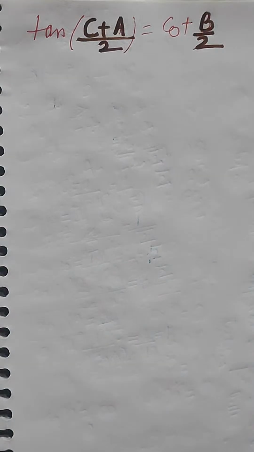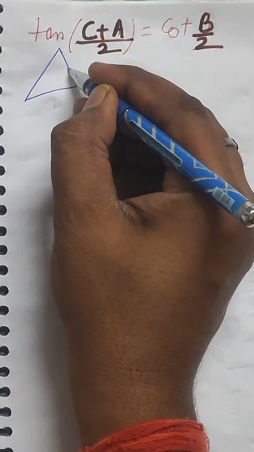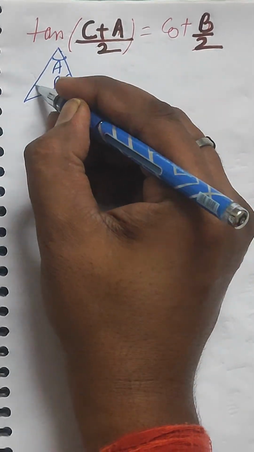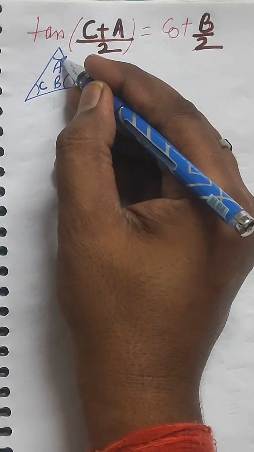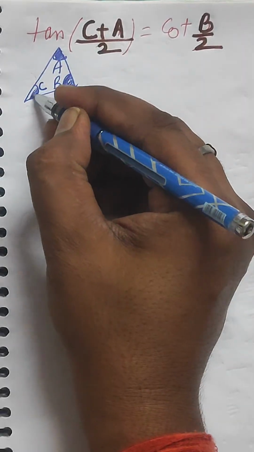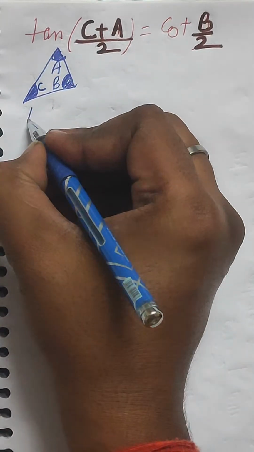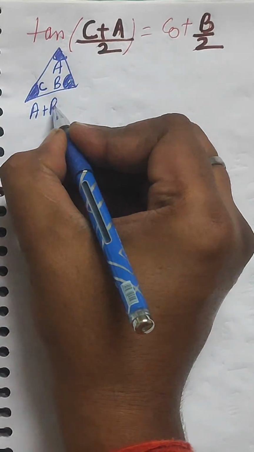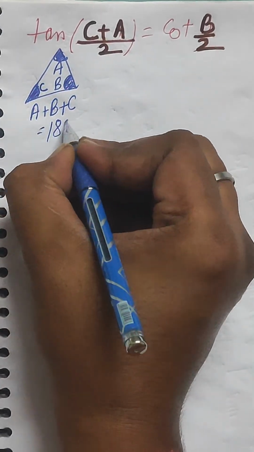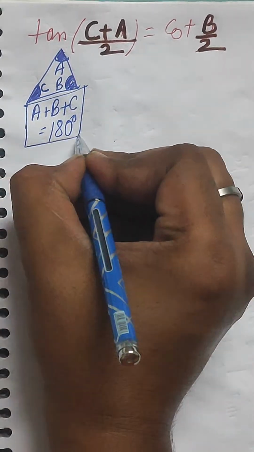So students, in this case simply remember that in any triangle, when there are three angles a, b and c, the sum of all these angles will be equal to 180 degrees, isn't it? So just remember in your mind, you will be using this: a plus b plus c is equal to 180 degrees.